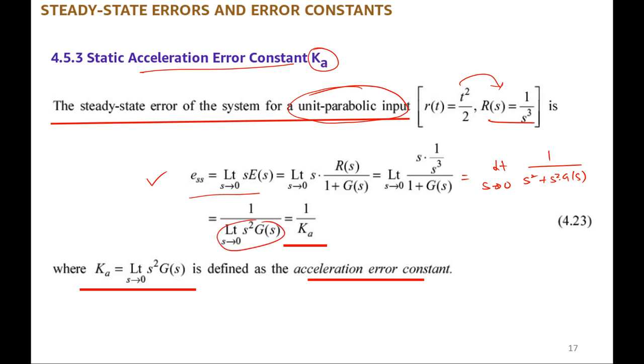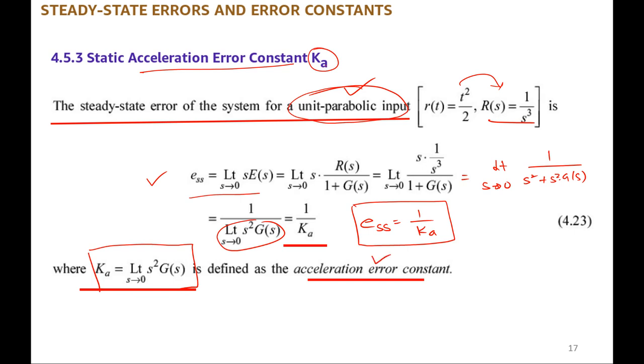This entire term I will call the error constant. So the steady state error whenever the system is subjected to unit parabolic input is given by 1 by Ka, the acceleration error constant. And Ka is limit s tending to 0, s square into g of s, defined as the acceleration error constant.